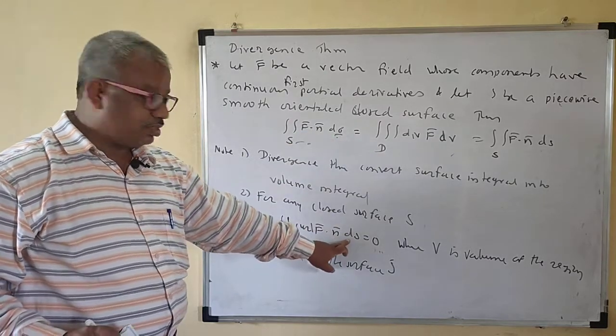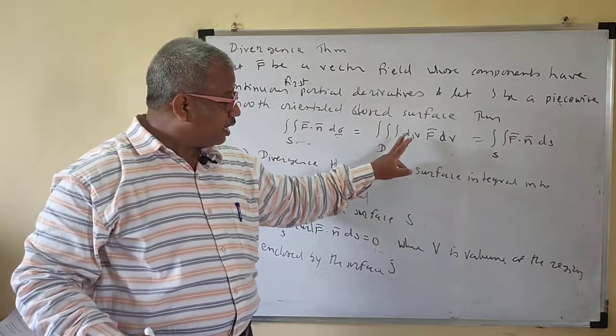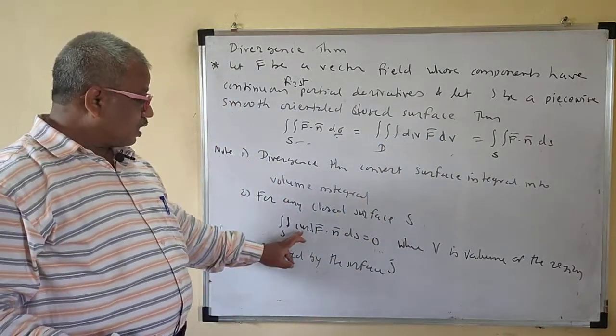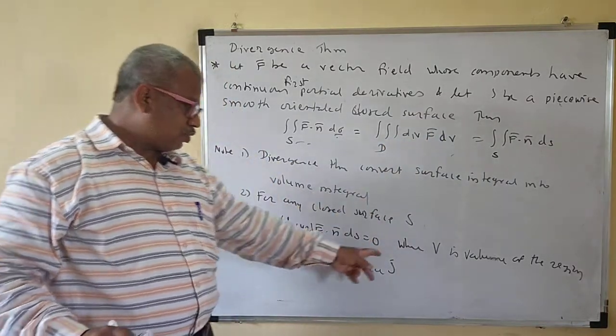By the divergence theorem this is the triple integral of the divergence of curl of F bar. So the divergence of curl of F bar is 0. Therefore this is 0.